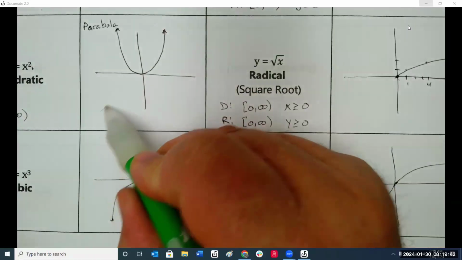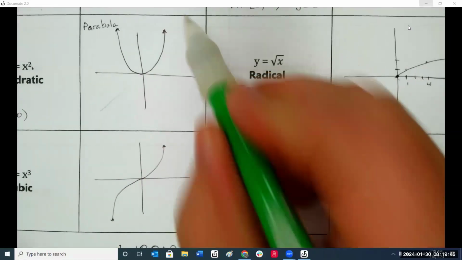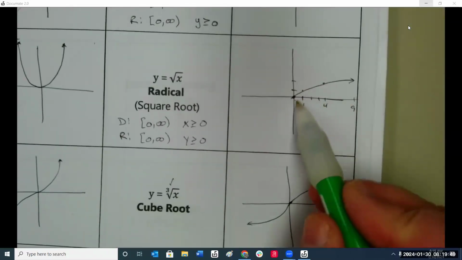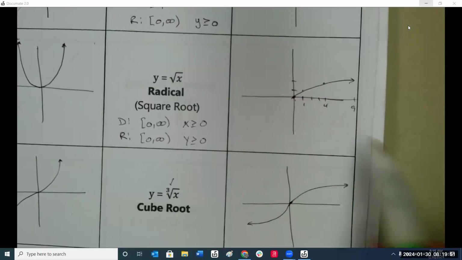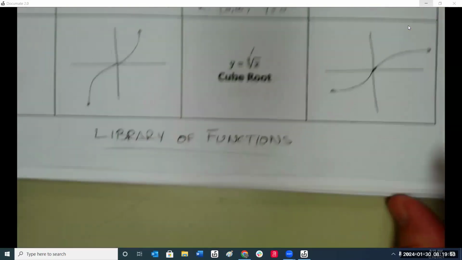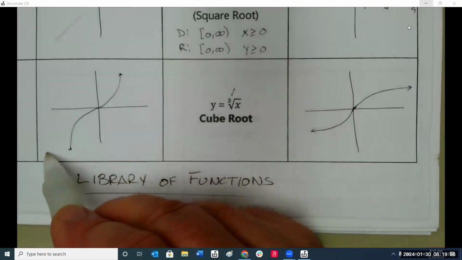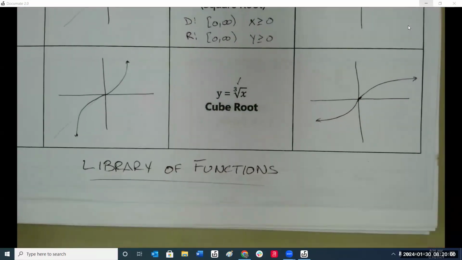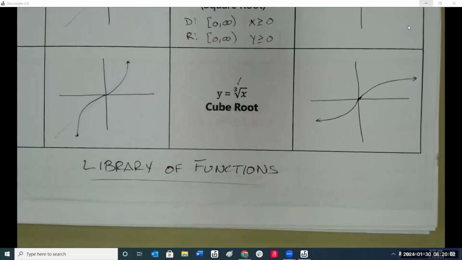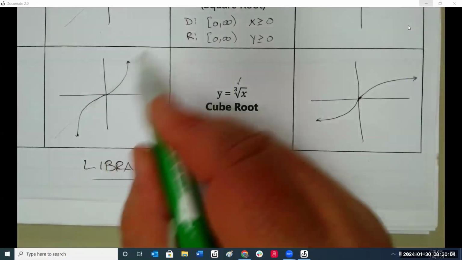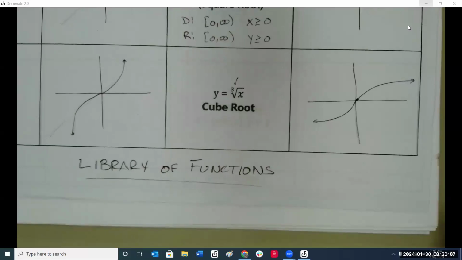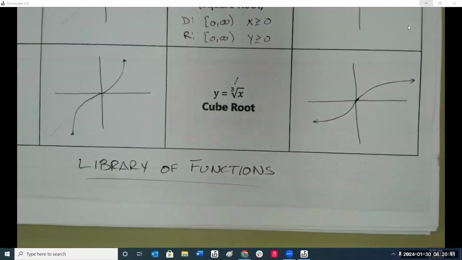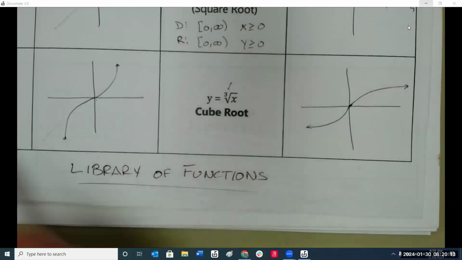If we had a diagonal line here and we flipped this one over, we'd have this graph. But we can't have negatives. So same thing here. If we took this diagonal and folded it over, we get this graph. That's how you look at inverses. Just fold the graph over that line, and that's what you get. So now instead of going up, it now goes out. This one, instead of going down, it now goes out.